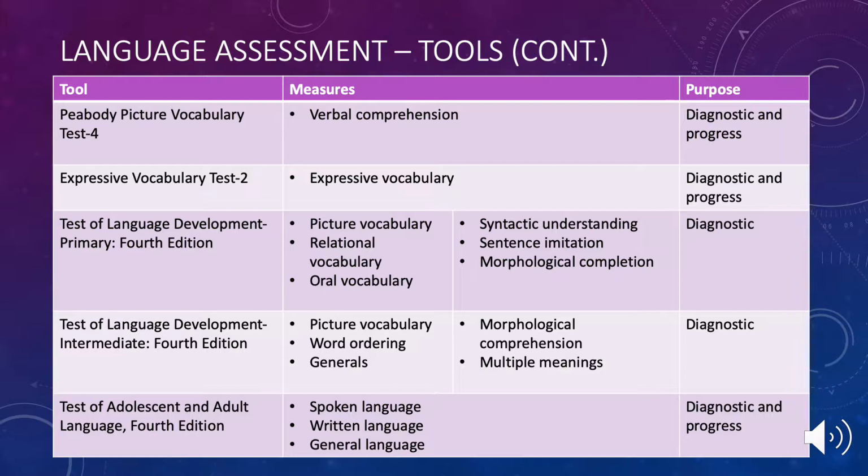You're going to want to look at morphological completion and syntax and word ordering, spoken, written, and general language. And these are useful for screening for disabilities that may be physical in nature or related to disorders such as autism spectrum disorder.